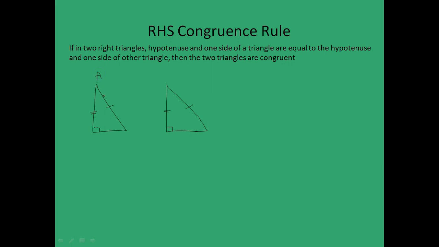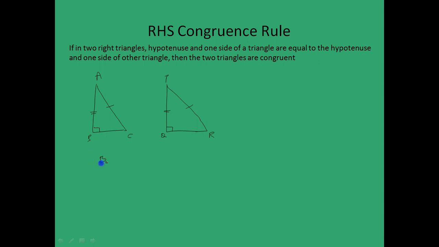How do you go about proving this? Let's say this is triangle ABC and this is PQR. Then we know that by Pythagoras theorem, BC can be found and QR can be found. Now, because AB is equal to PQ and AC is equal to PR, BC is equal to QR by Pythagoras theorem. Let's see how it is written.